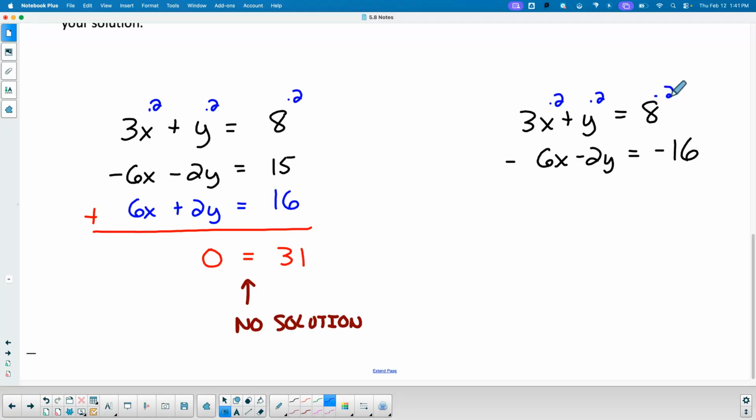That gives me 6x plus 2y equals 16. Add those together. X's, y's, numbers. And this is an infinite solutions case. When you got a true statement, it's infinite solutions. When you got a false statement without variables, it's no solution.